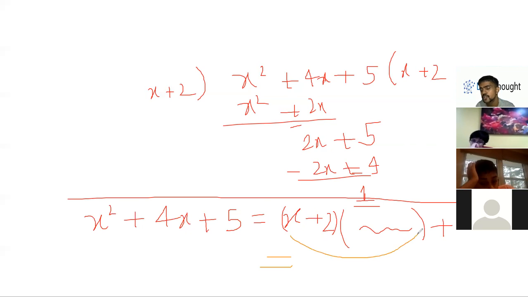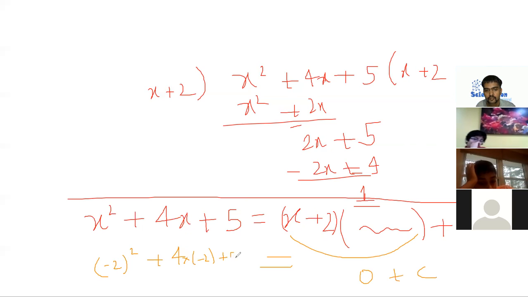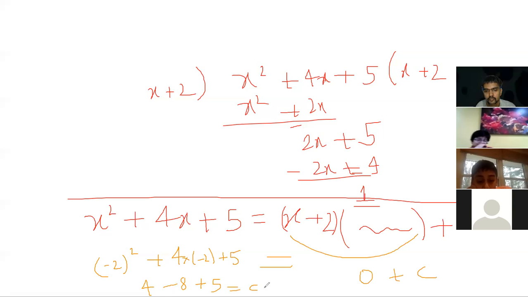This whole thing becomes 0, and I'm only left with c. Minus 2 square is 4, and then minus 8, minus 4, 1. c is 1. Is the top method easy or the bottom method easy?